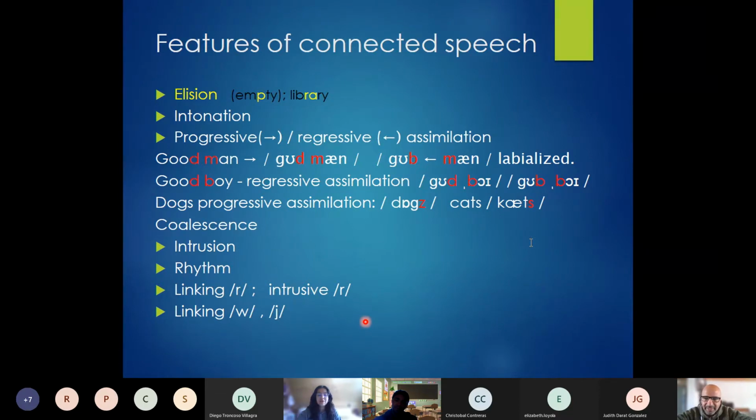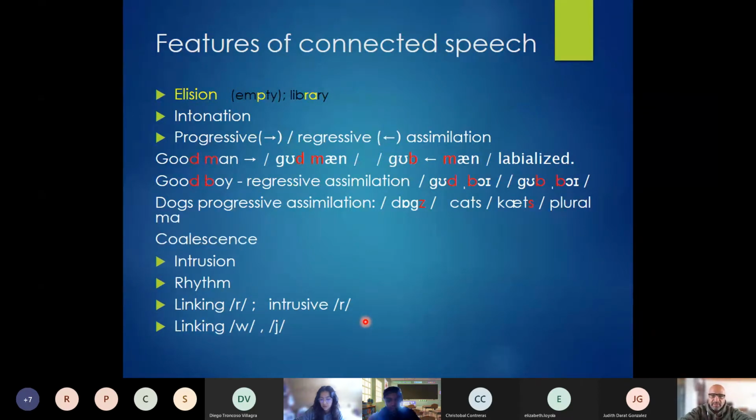Daniela, go ahead. I was thinking, processing a lot of the information. All right. Exactly. In this case, in dogs and cats, we have the same plural marker, right?